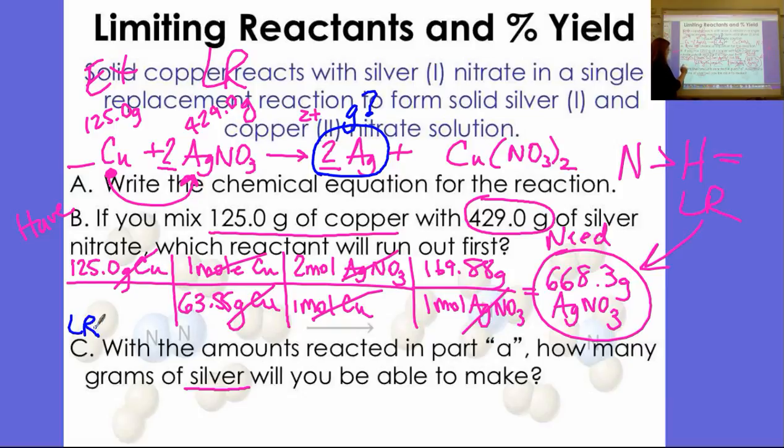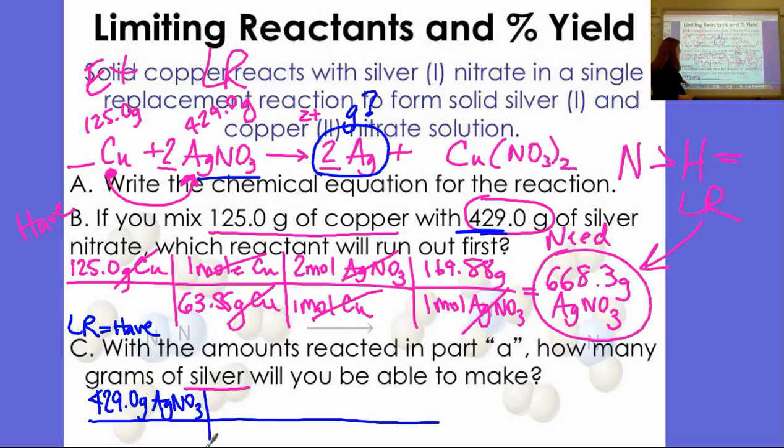This is where I must start with what I have of my limiting. Since it's going to run out first, who runs out first? Silver nitrate. Which number do I pick? The 668 or the 429? You have to start with what you have. So I have 429 grams of silver nitrate. I want to calculate that to grams of silver. Again, grams to grams is a 3-step problem. I need the mass of silver nitrate, which I had before as 169.88, and that gets me to 1 mole.